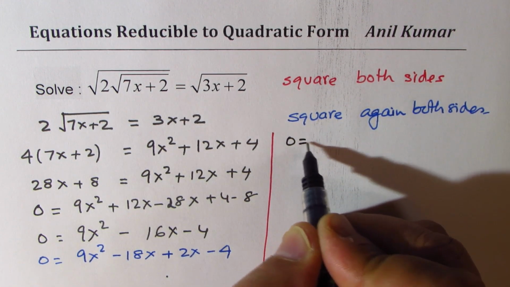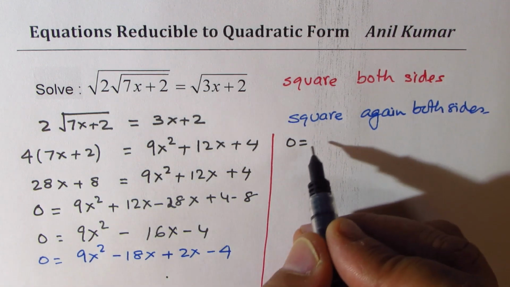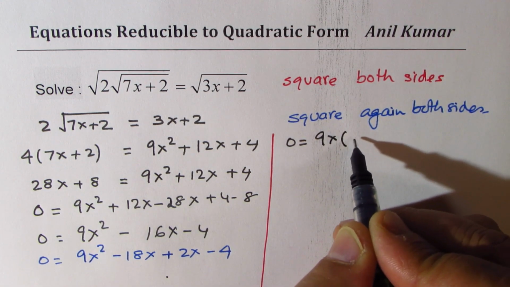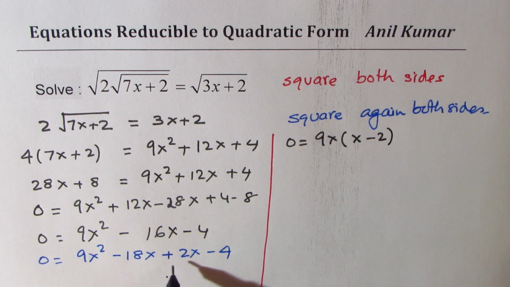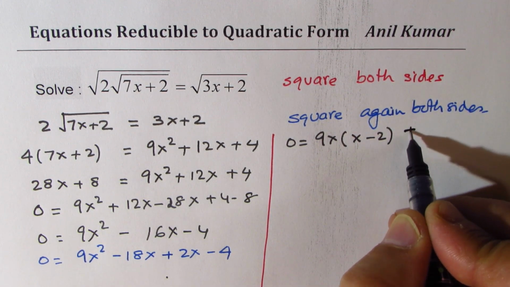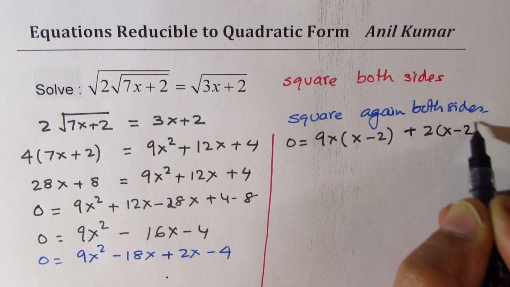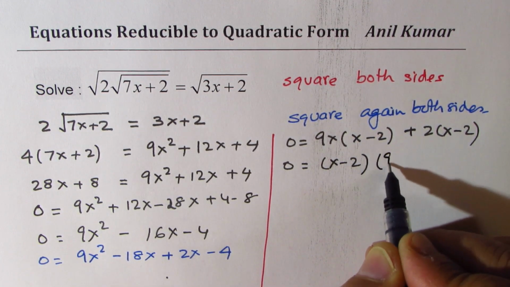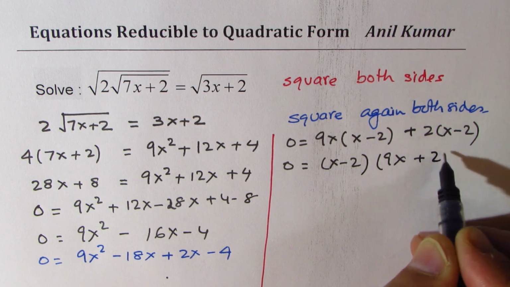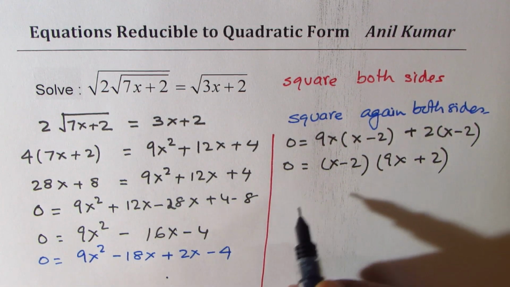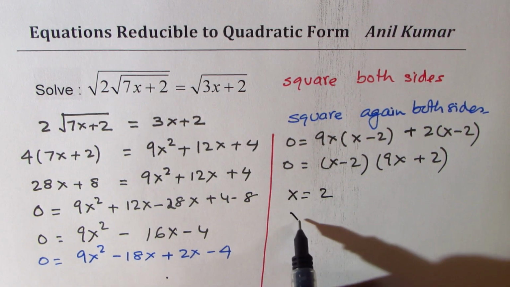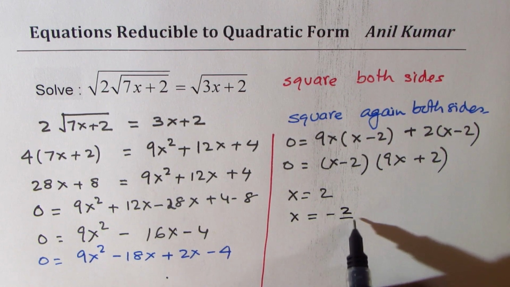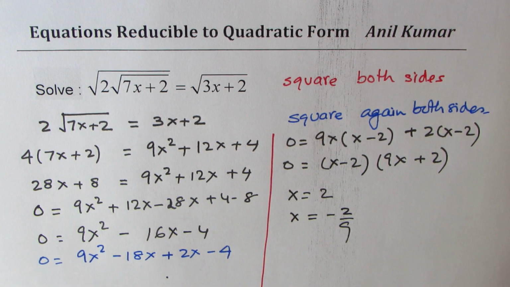So we get 0 equals, we can take 9x common, we get x minus 2, and here we can take 2 common, we get x minus 2 as a common factor, multiplying by 9x plus 2. So that gives you two solutions. One is x equals 2, the other one is x equals minus 2 over 9. Perfect. So these are the two solutions for the given equation.